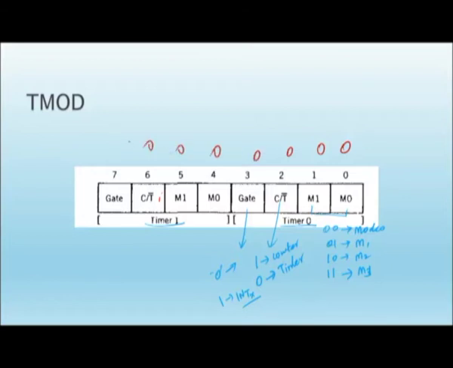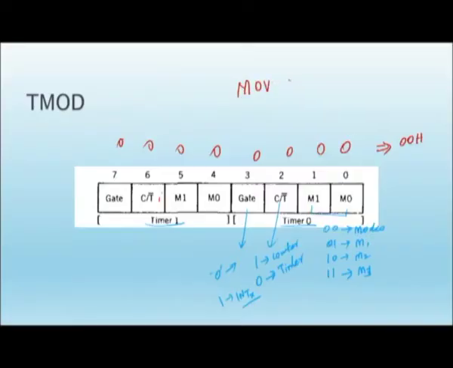So, simply you can put it as 0 0, so the word is 00H. Now, while writing the program, you have to write it as MOV TMOD, #00H.